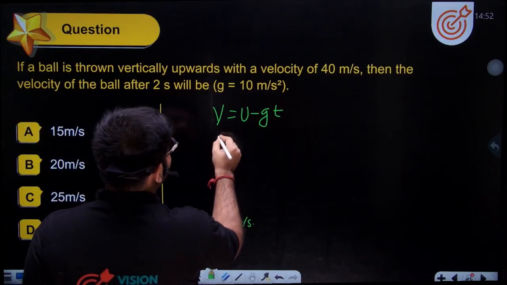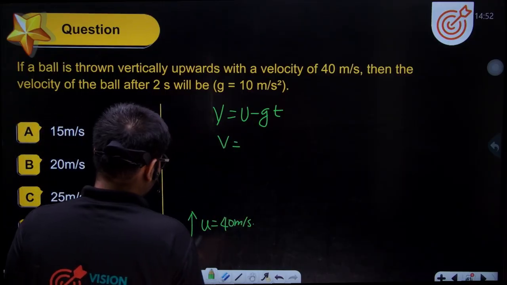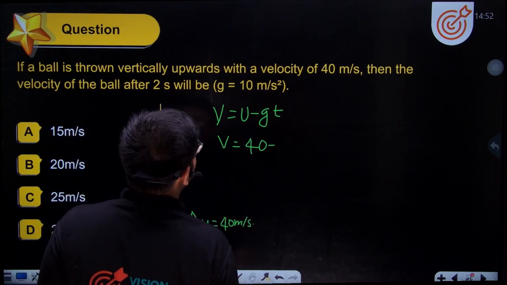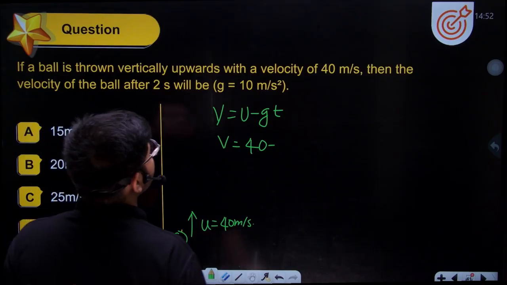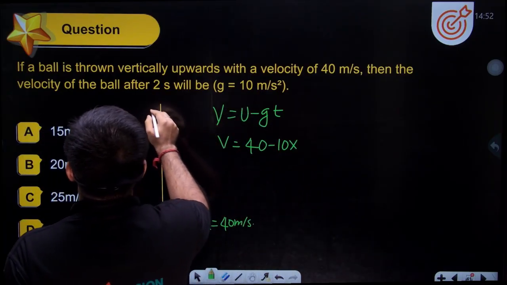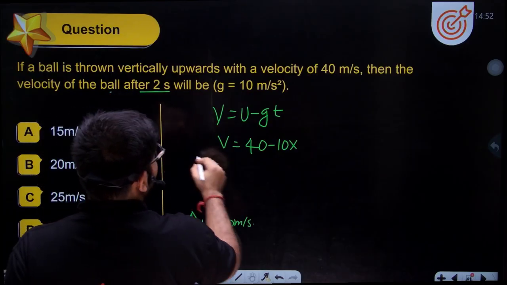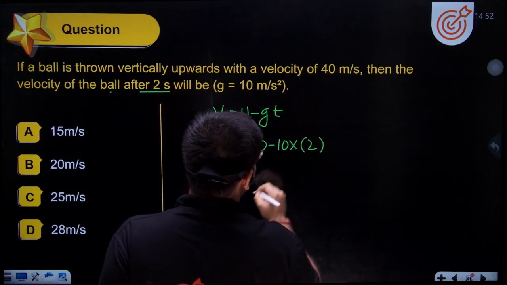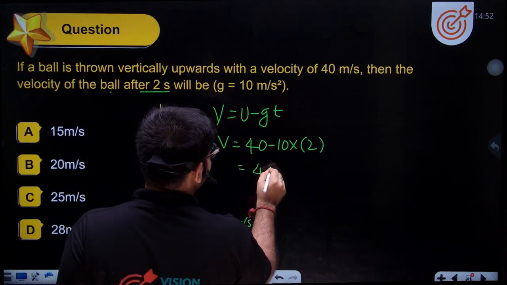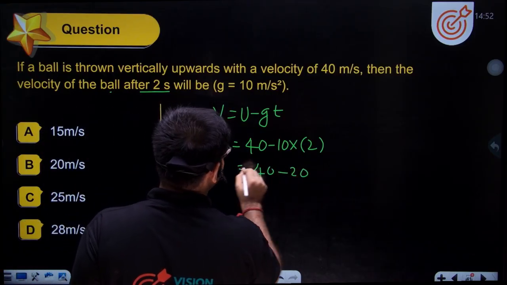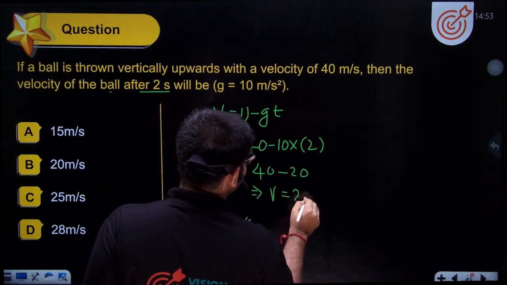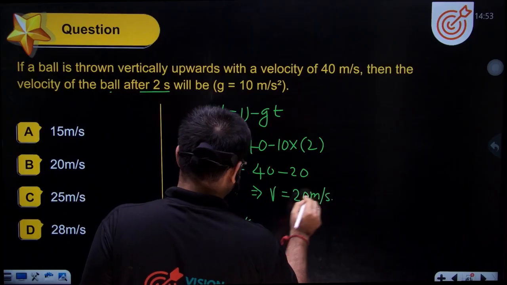So v I want to find out, u is 40, minus g, which is 10, into the time, which is 2 seconds here. So you are going to get 40 minus 20. So the v value you are getting is 20 meter per second.